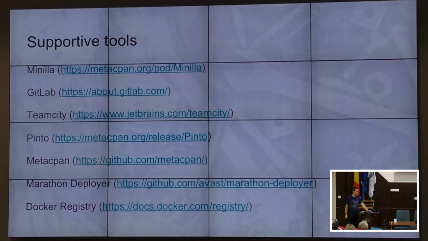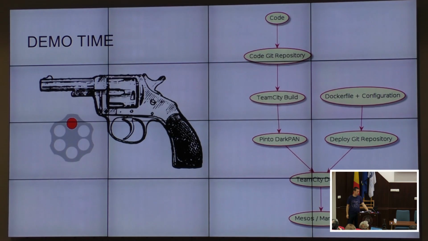And we also use Teamcity for deploying to the Marathon framework. We have a MetaCPAN GUI for our internal DarkPAN, and we use Docker registry for storing our pre-prepared Docker images. So that's about it. And now it's the time for the demo.